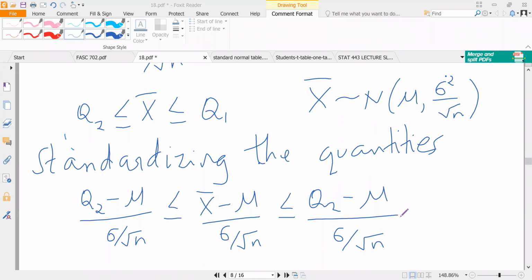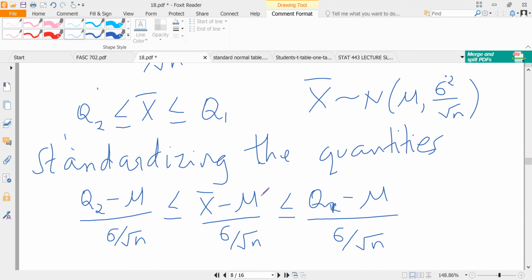Next, we are interested in the interval Q1 and Q2. Apologies, this is supposed to be Q1. So we are interested in that interval.